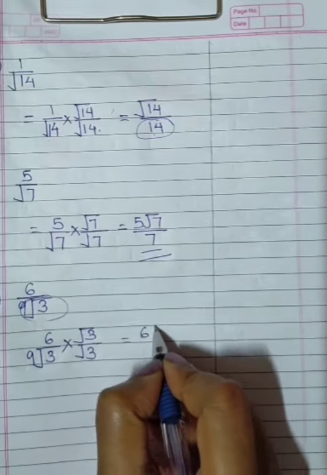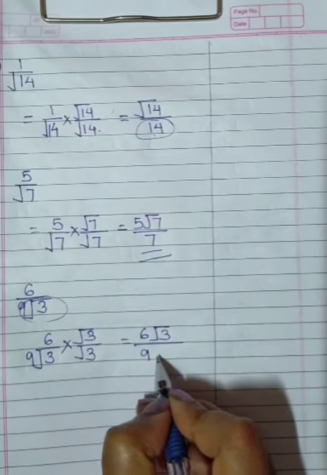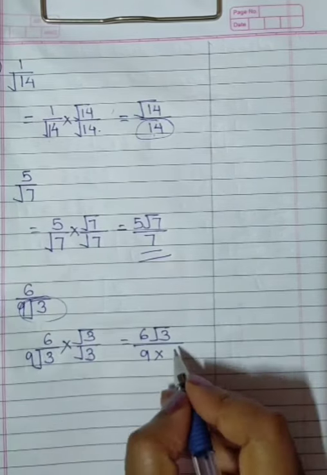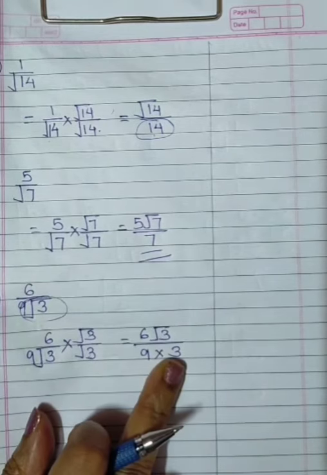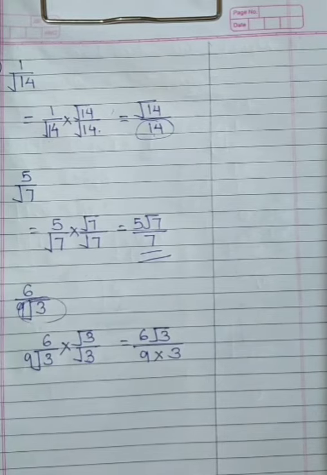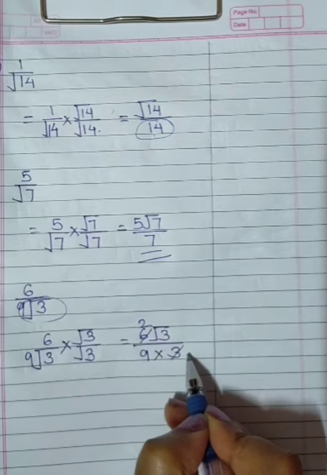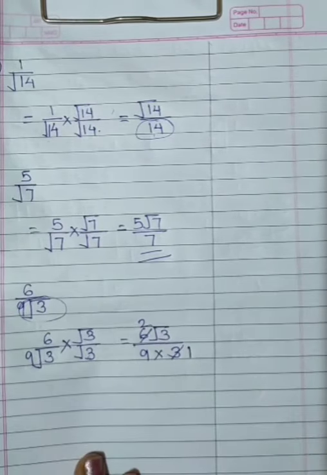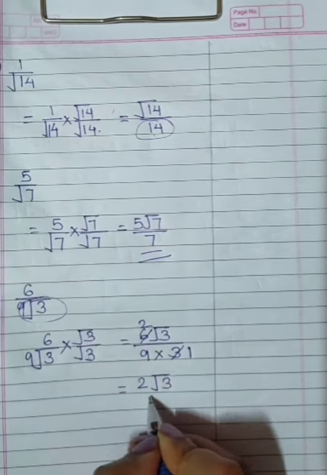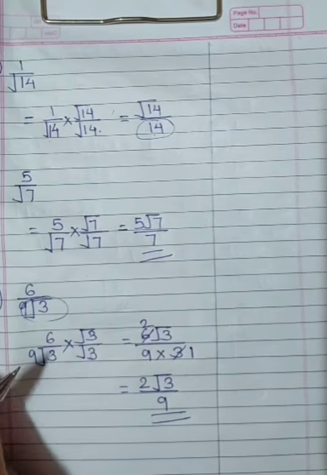Then we will get 6 square root 3 upon 9 into, as you can see, square root 3 and square root 3 as 3. Now by division, we will get 2 and 1. Now the answer is 2 square root 3 upon 9. This is the answer for question number 4.